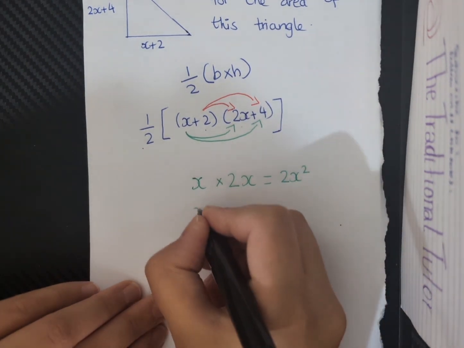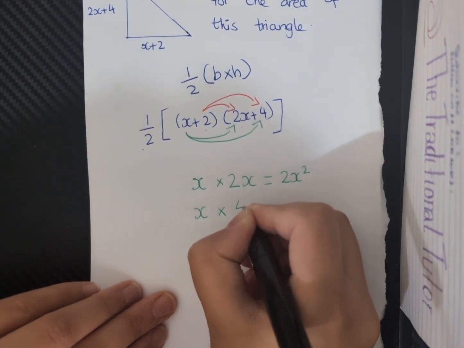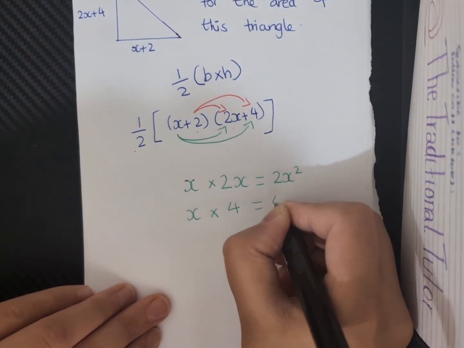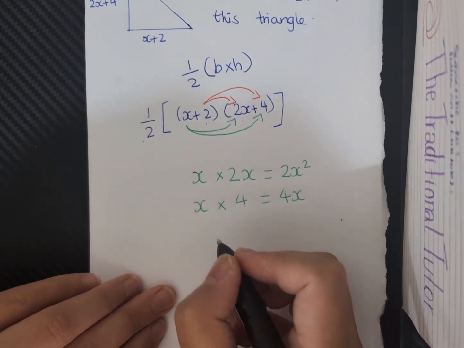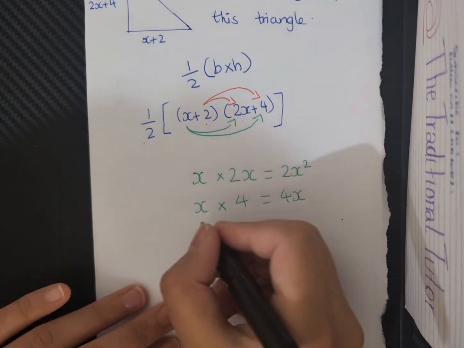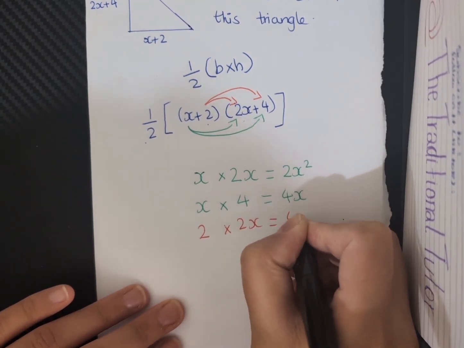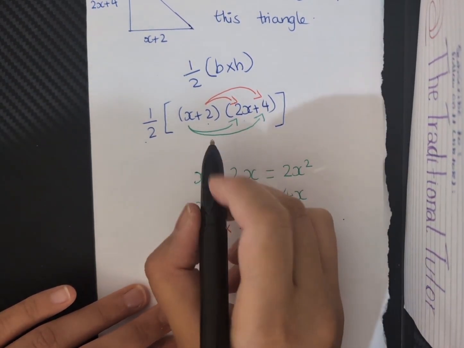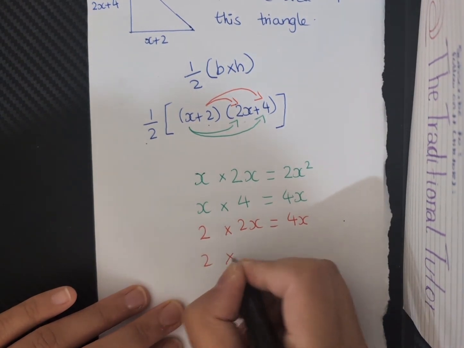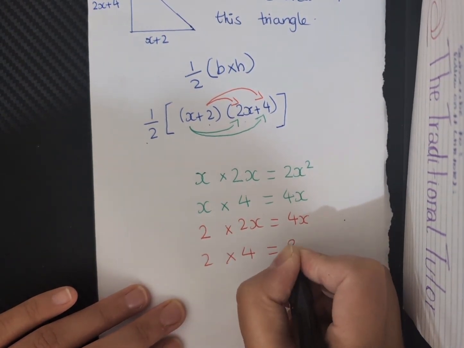Then x multiplying by positive 4 is plus 4x. Then I've got my plus 2, multiplying by 2x, which gives me 4x again. And then 2 times positive 4 gives me 8.